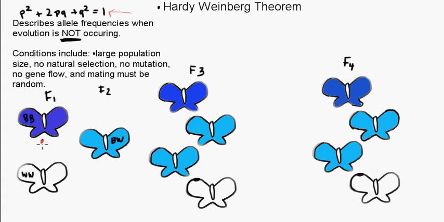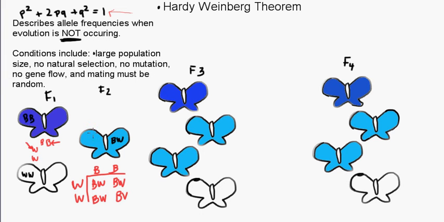So if you have BB and you have WW, half of the gametes produced from the F1 generation are going to be B, and the other half are going to be W. When you cross these, you're going to have something like this Punnett square here, where BW ends up being the genotype for every butterfly in the F2 generation.